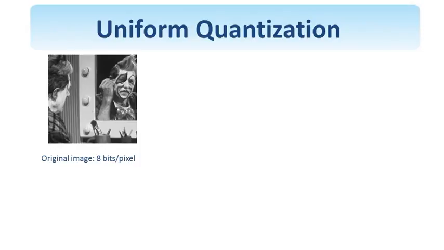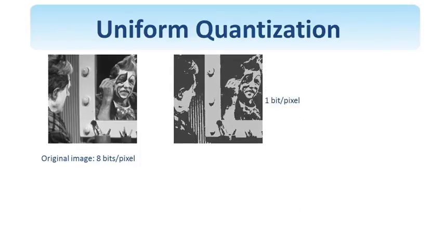We show here the effects of uniform quantization on this 8 bits per pixel original image. When a 1 bit per pixel quantizer is used, here is the resulting image. This particular quantizer has this shape. The input values range from 0 to 255, since again it's an 8 bit per pixel image.